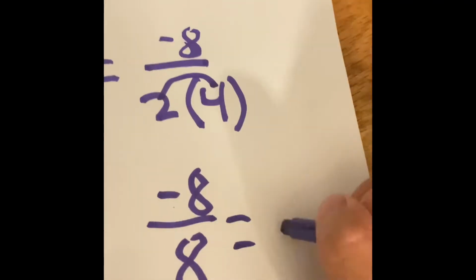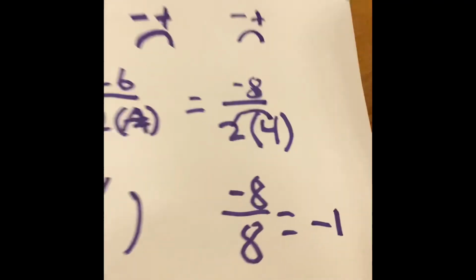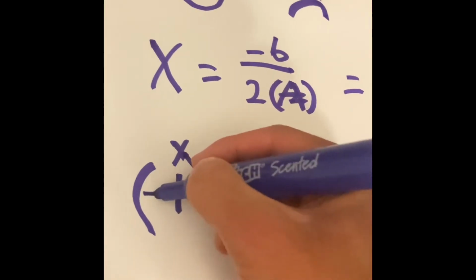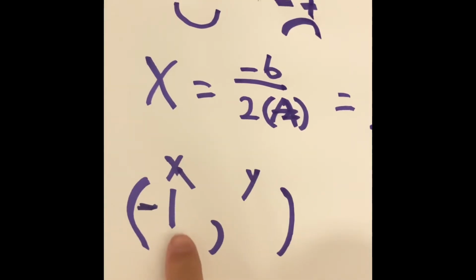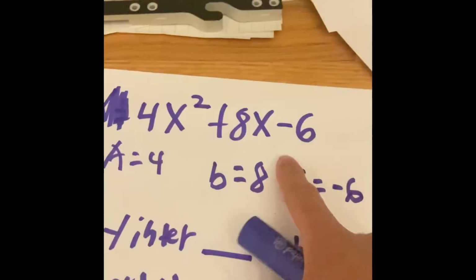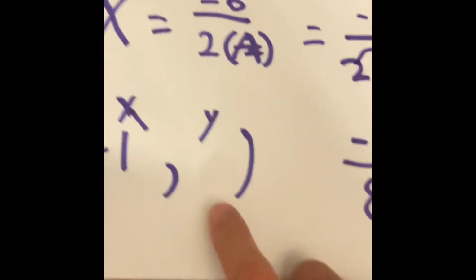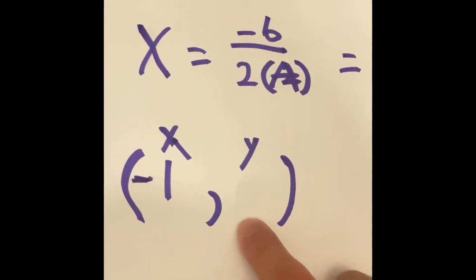That will be equal to negative 1, which means that our x value for our vertex is negative 1. We have to insert negative 1 into the expression to find out what we get. When you do that, you get your y value, and then you get to smash that on the graph.